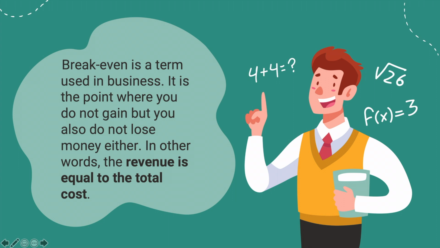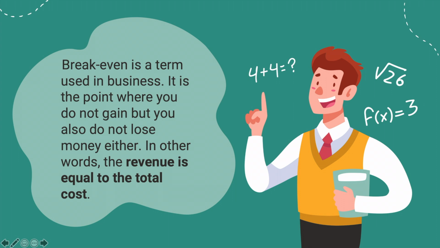So, ano ba muna yung revenue? Yung revenue ay yung kabuuang kita, tapos yung cost ay ang kabuuang gastos. So, meaning, wala kang tubo, kasi yung kita mo, equal lang dun sa nagastos mo.